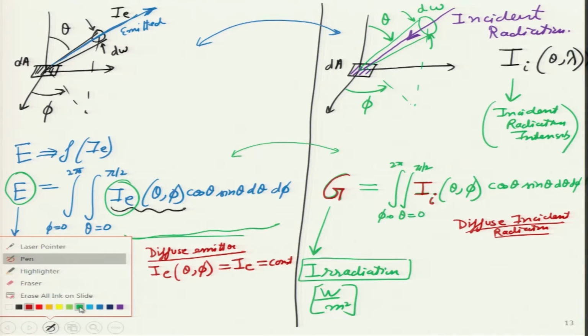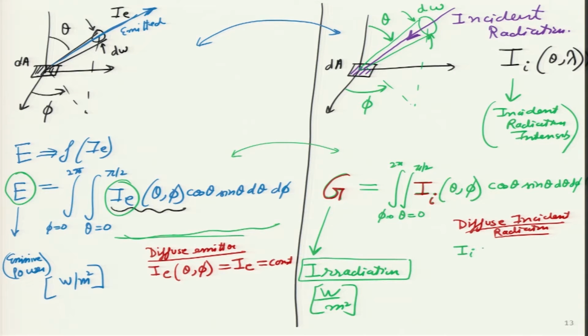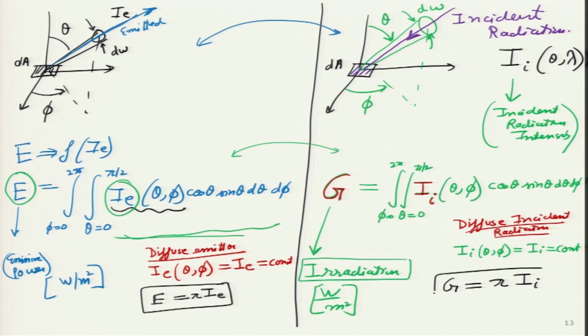Here we are going to take incident radiation intensity theta phi. Can it become a constant? Which means it is neither dependent on theta nor on phi. Which means in the earlier case, by doing that particular integration, we had figured out that it turned out that E and I e has this relationship. Without doing any integration in this side, I can write the same relationship over here, provided it is diffuse. And over here also the same relationship I can write, that provided it is diffuse.